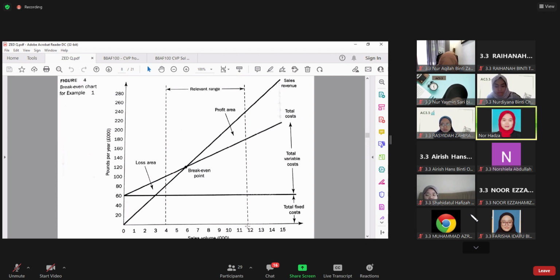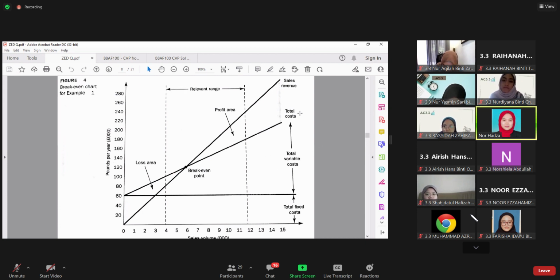So you have to calculate another break-even point, or draw another one. Outside this range, the cost will be different. So this break-even point is only relevant between 4,000 units and 12,000 units of sales quantity. Outside this range, there will be a different break-even point.